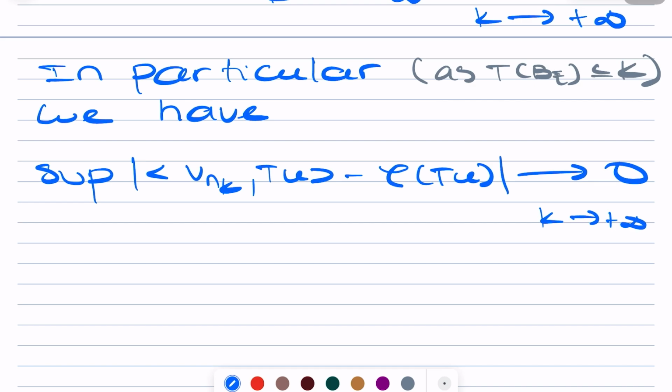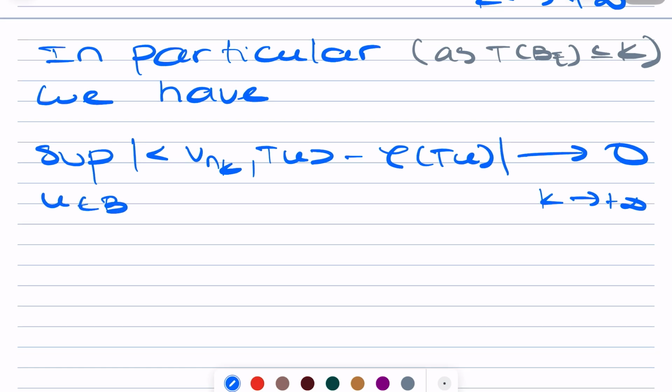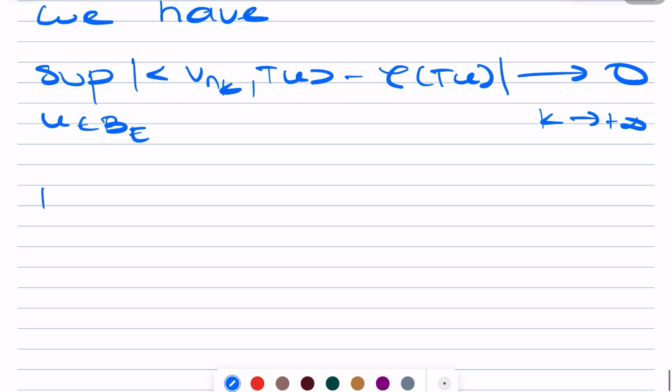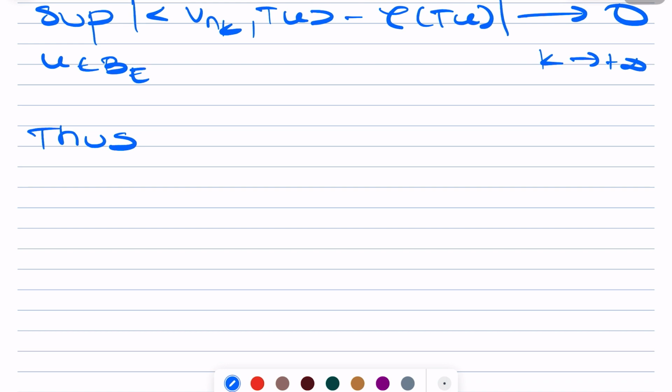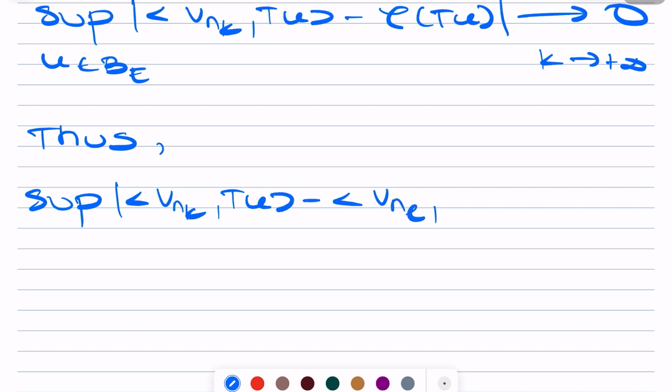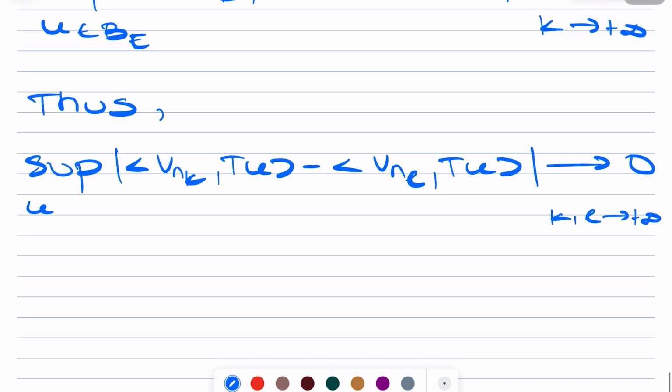This is of course over u in B. So the supremum of the absolute value of vnk comma tu minus vnl comma tu actually goes to 0 as k and l go to plus infinity. To see this, you just need to use the triangle inequality, nothing complicated.